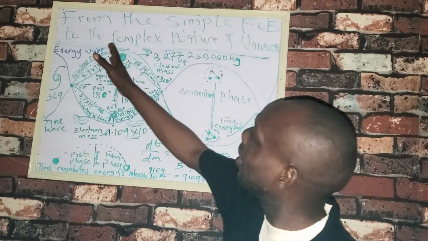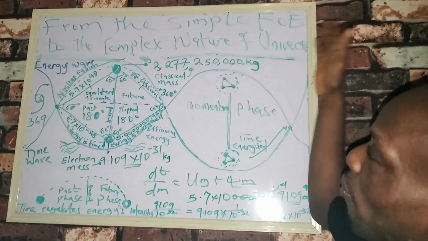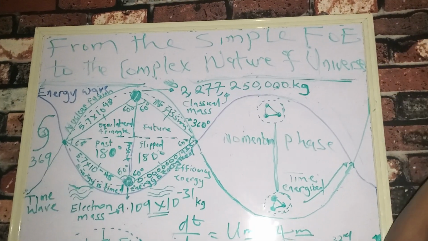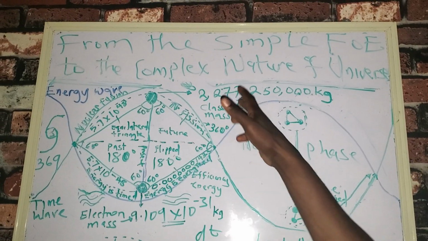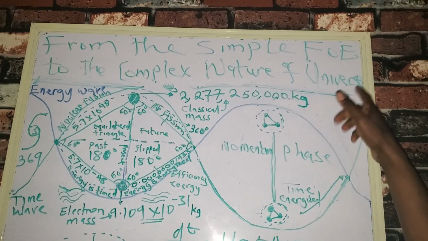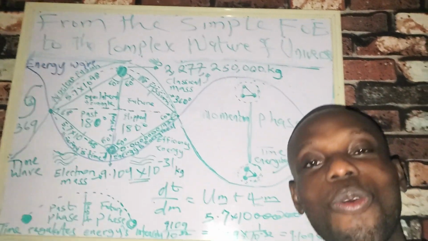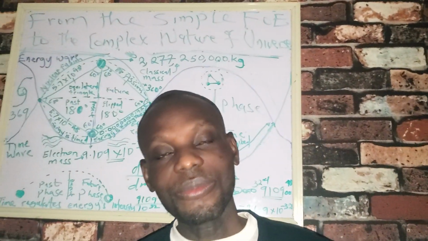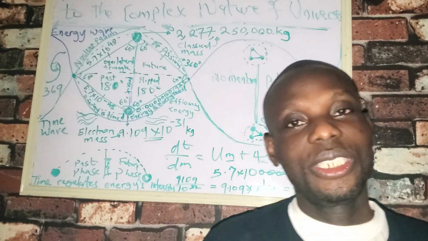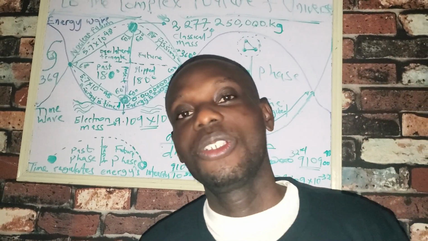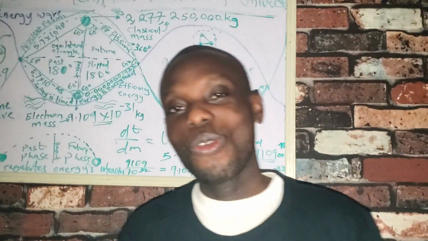In today's video, we're going to dissect from the simple FoE, which is formula of everything, to the complex nature of universe. That is what we're going to actually delve deep into in today's video. Now we're going to look at how we can actually get to complex system from a simple system.